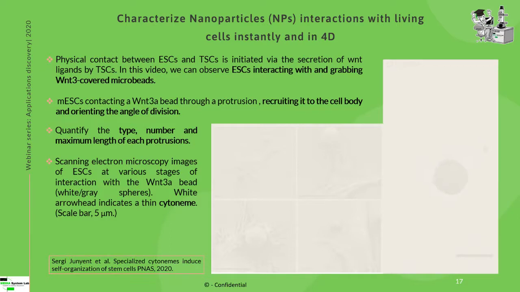Not only that, we can also monitor the type, the number, and the maximum extension of the length of each protrusion. And of course, a correlative approach using scanning electron microscopy can bring us directly to see this kind of new discovery about the protrusions of the cell, very thin. There's a compartment of the membrane that is called cytoneme.